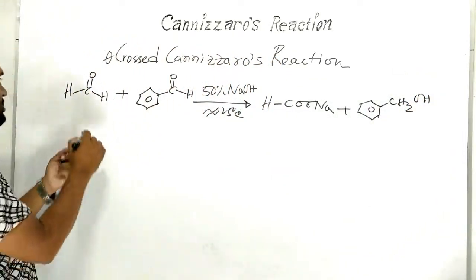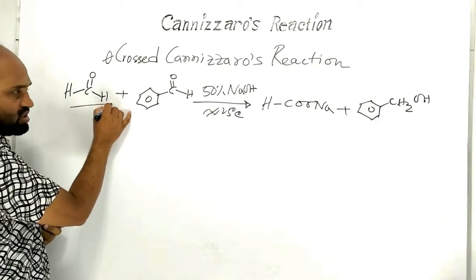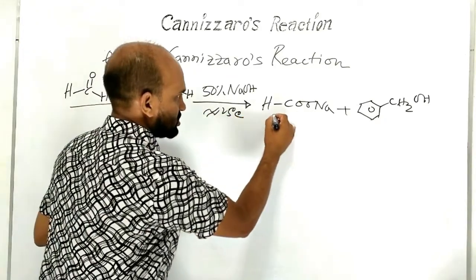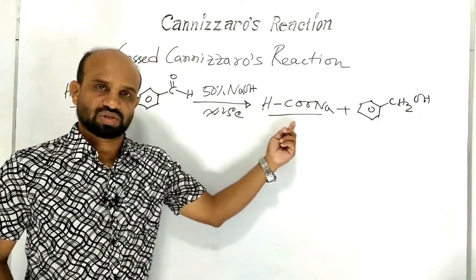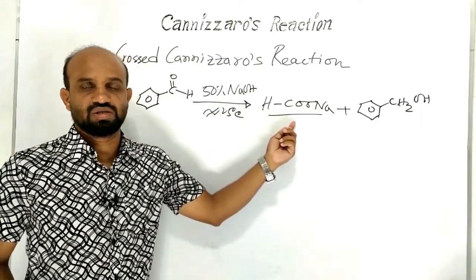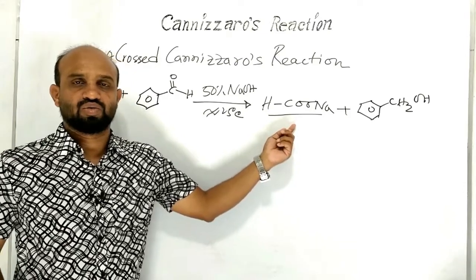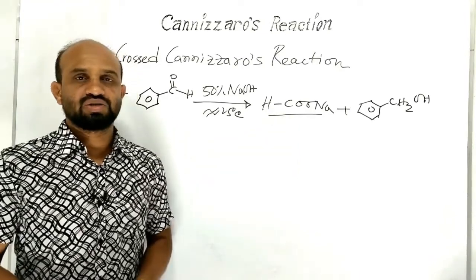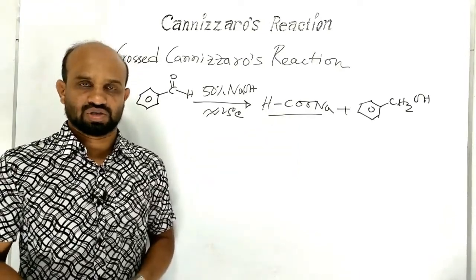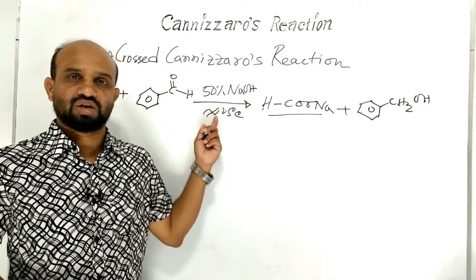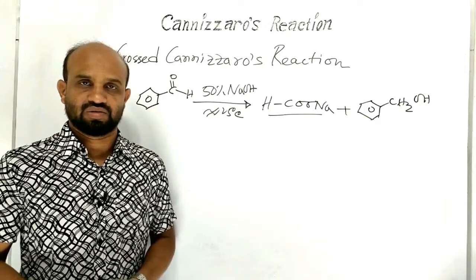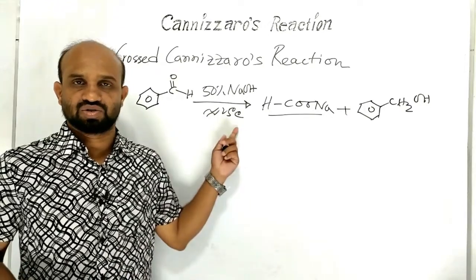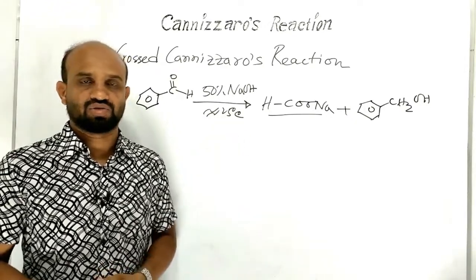In this case, this formaldehyde turns into sodium salt of formic acid through oxidation. This is a must. It will be cleared when we will see mechanism of crossed Cannizzaro reaction. So it's a kind of reaction of different kinds of aldehydes. That is why this reaction is known as crossed Cannizzaro reaction.